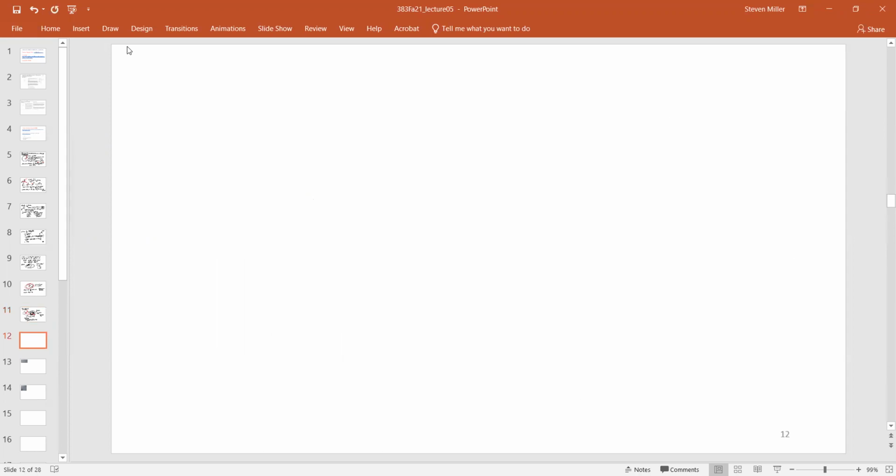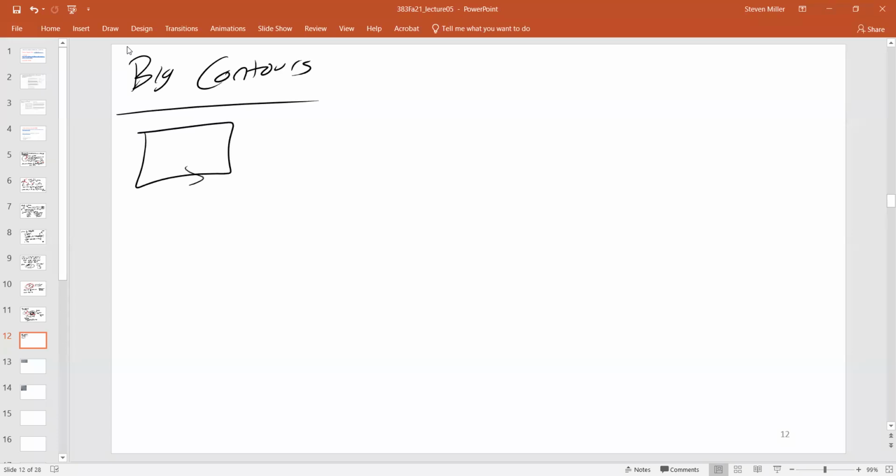Okay, so let's talk about trying to do this in practice. So there's lots of different contours that we can use. The big ones that I used, big contours are the following. Some kind of rectangle, some kind of circle, a circle where we throw away a circle on the inside.